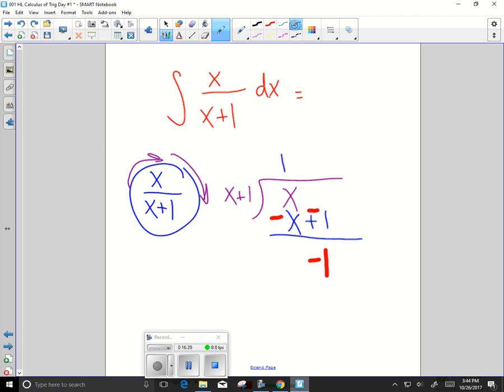Remainder 1 really means minus 1 over x plus 1. Now that's a good thing because I can. So instead of x over x plus 1, we can replace it with 1 minus 1 over x plus 1.